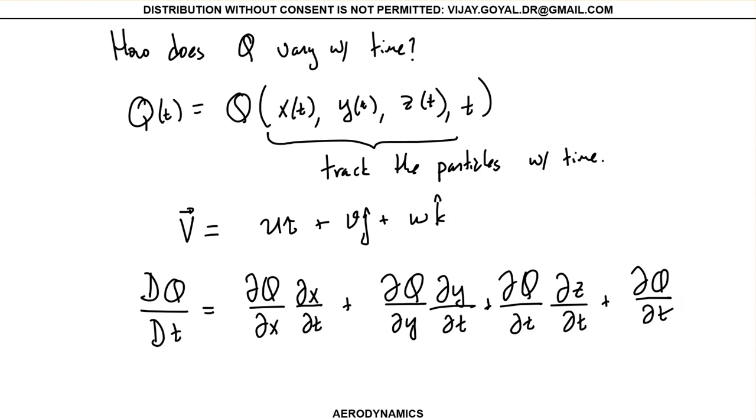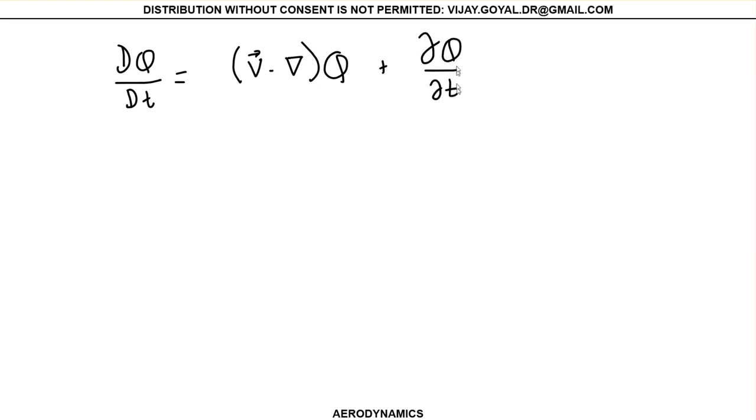Now, this is nothing else than your velocity component u, this is velocity component v, and this is velocity component w. So we can rewrite this whole thing in the most general form as v dot gradient q plus partial of q with respect to t.